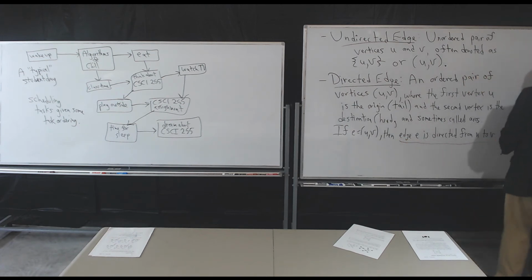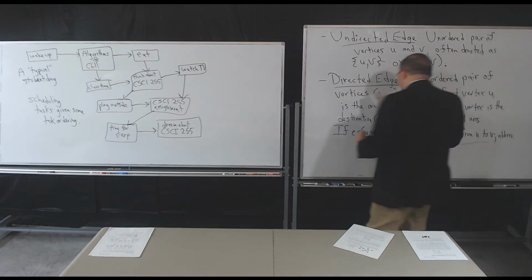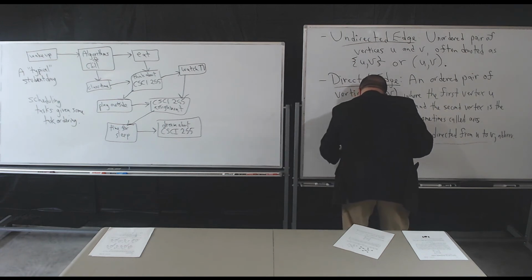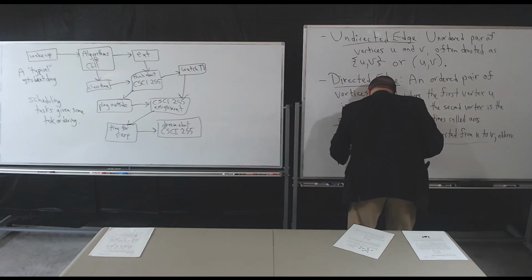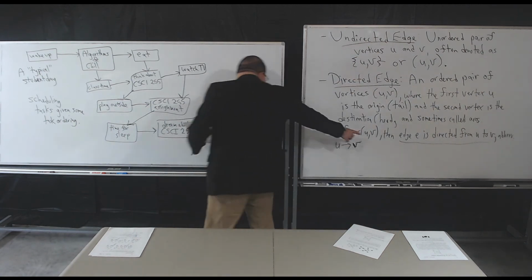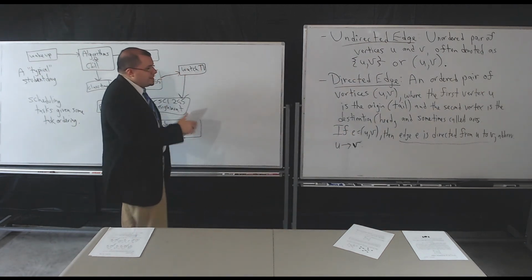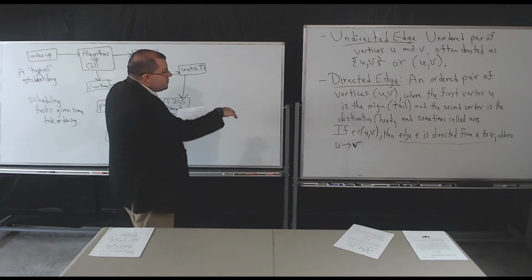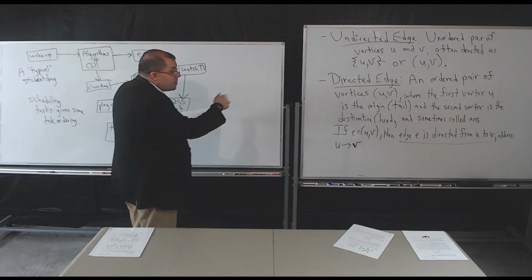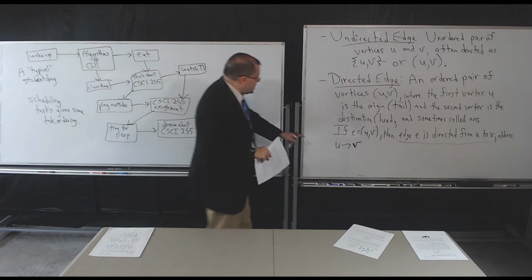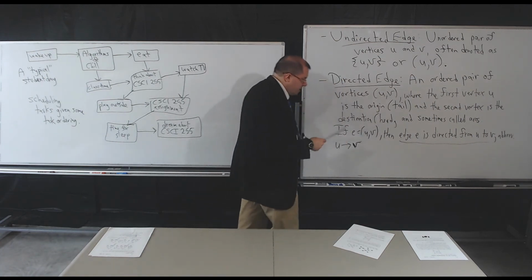It's directed from U to V. This is abbreviated very often as U with a right arrow to V. So you read that as, it's directed from U to V, meaning that there's a directed edge from U to V. Get it?